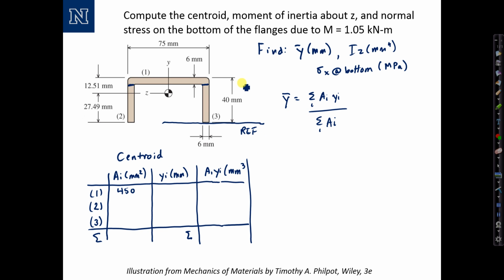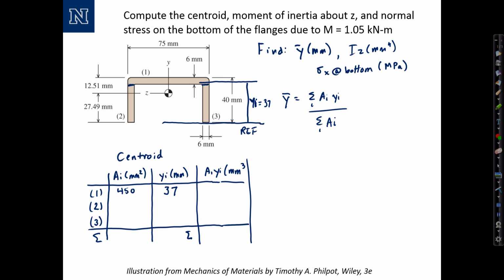So y1 would be the value from the reference up to the centroid of the web on the top. And that value we can compute as 40 millimeters, which is the total height, minus 3 millimeters, which is half the thickness of section 1. So it would be equal to 37 millimeters.